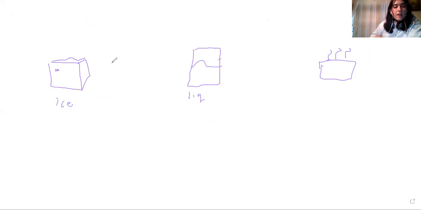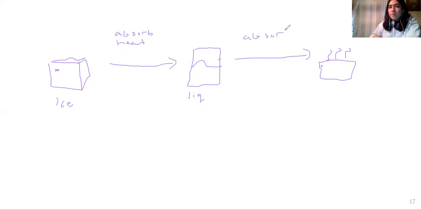As we go this way, we have to absorb heat because the bonds of the solid require energy to break. So the ice absorbs heat and becomes liquid. And then as we go this way, we absorb more heat. This is boiling, right? We absorb more heat to break those bonds.